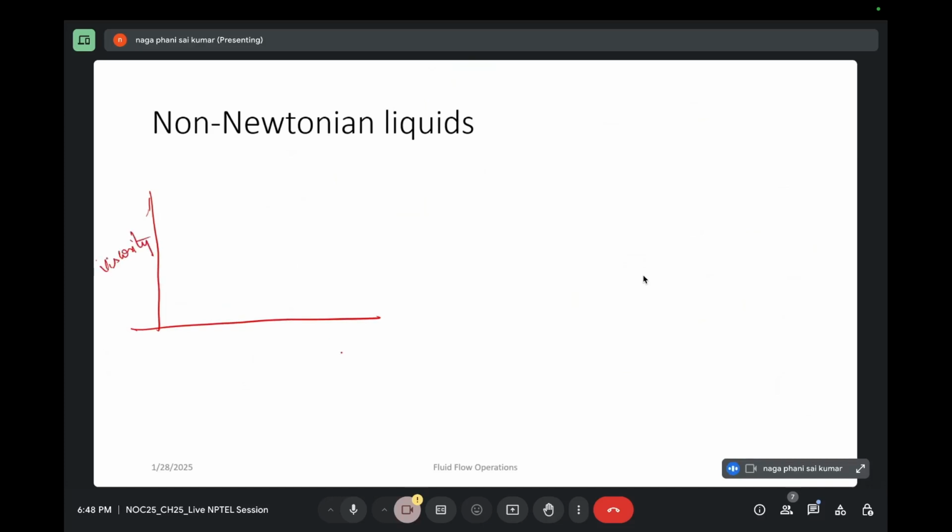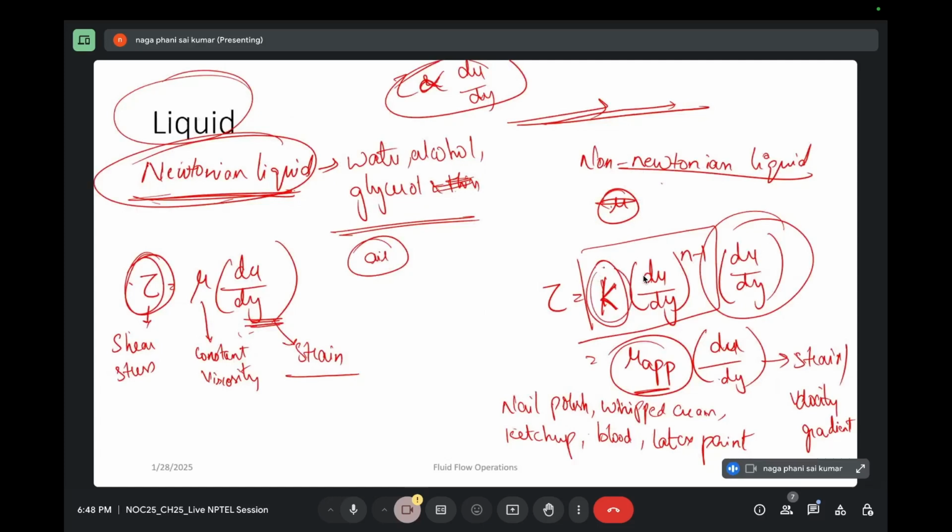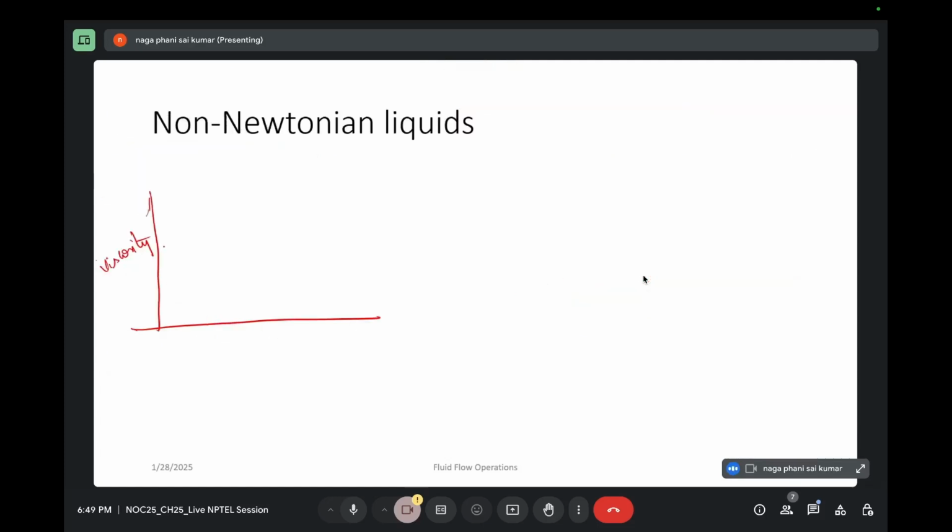As I've told you, for non-Newtonian fluids, viscosity is a time-dependent variable, right? So if you draw a graph between viscosity and shear rate, for Newtonian fluids this doesn't change. Even if you are increasing the shear rate, viscosity should not be changing, right? But there are other fluids for which the viscosity will change with the application of shear rate.